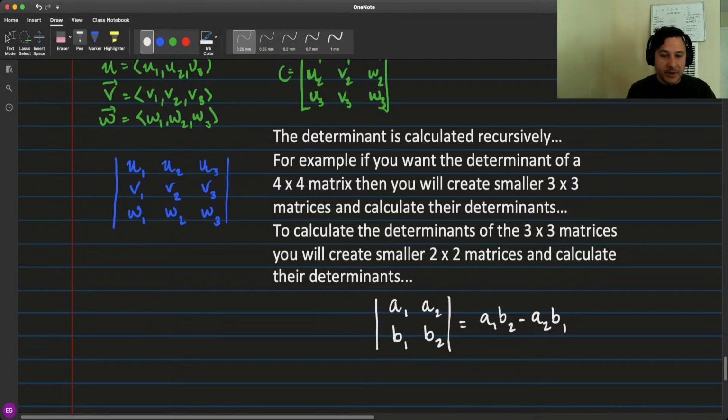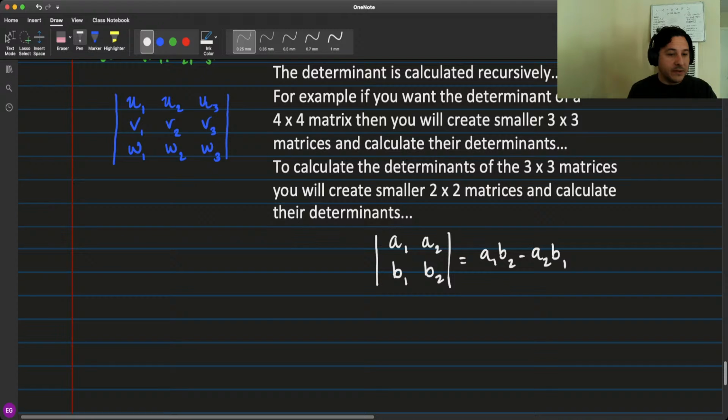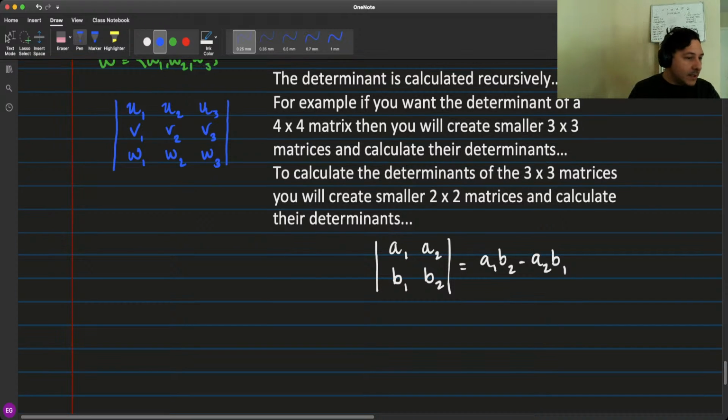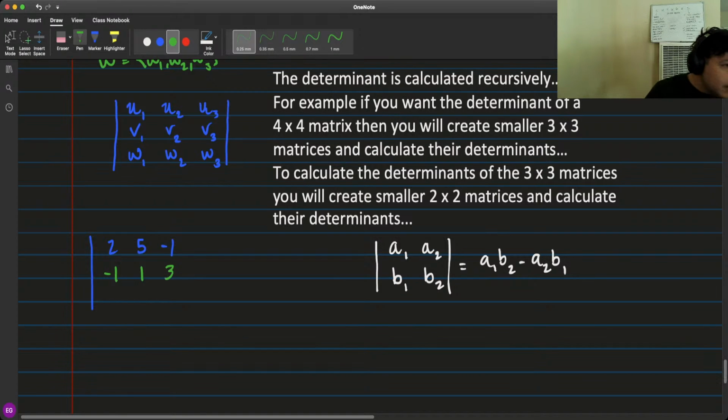So let's do an example with a 3x3 and show you the recursive definition. Let's say you're calculating the determinant of a 3x3 matrix with rows 2, 5, -1, then -1, 1, 3, and another row, -2, 3, and 4.